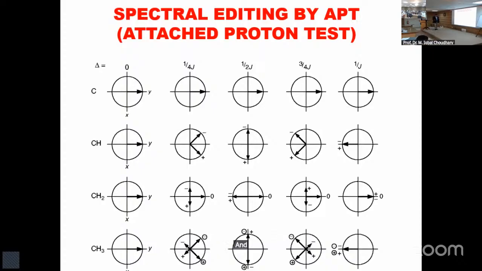Okay, so now envision that all your carbon-13 signals, C, CH, CH2, CH3, are up along the z axis. You give a 90x pulse. You always need to give a 90 pulse because you need to bring the magnetization to the xy plane.